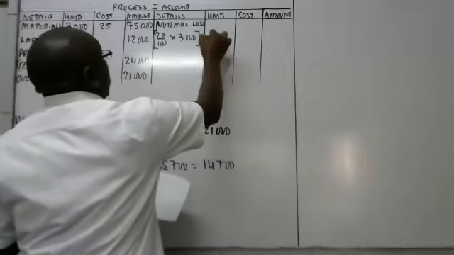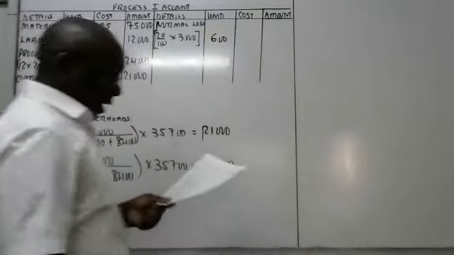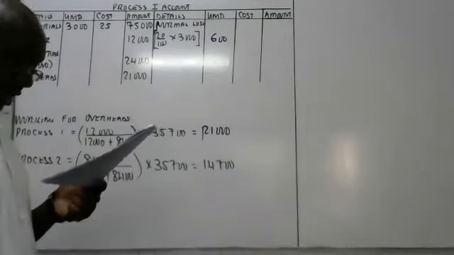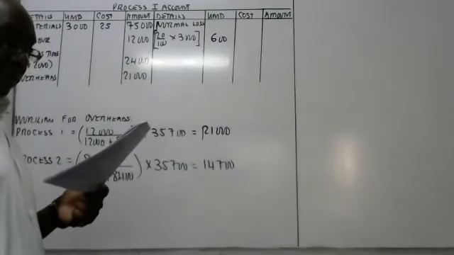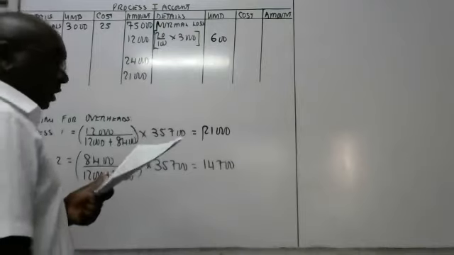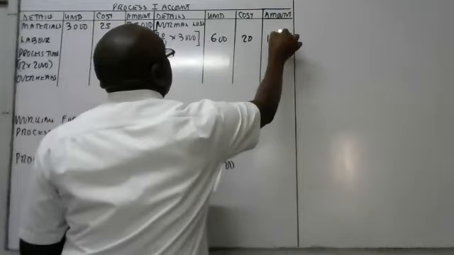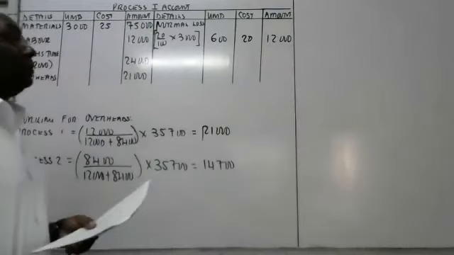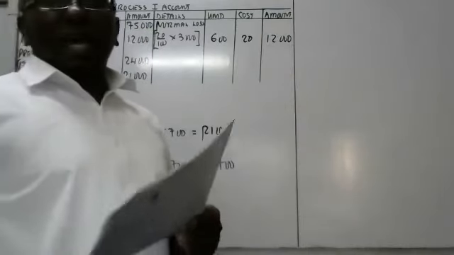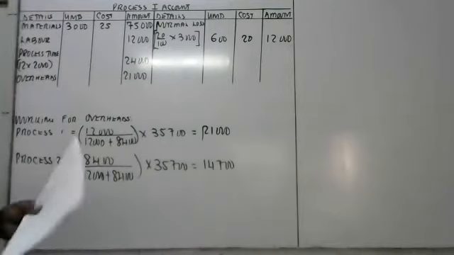Good. And according to information 3, it is sold for 20 bob. So this must be 12,000.